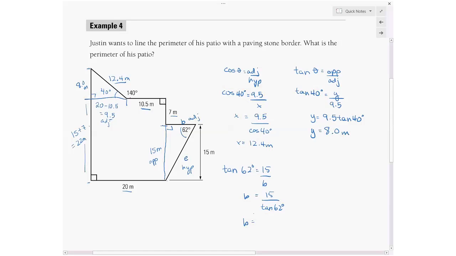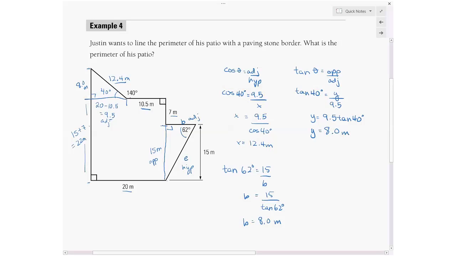B is equal to 15 divided by the tan of 62. Oh, that's interesting. It's 7.97, so the 8.0 meters. It's not exactly the same, but it's very similar to this side over here.